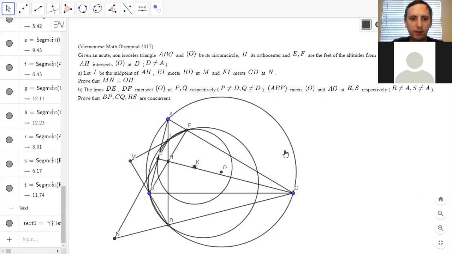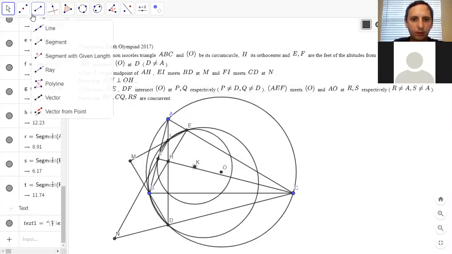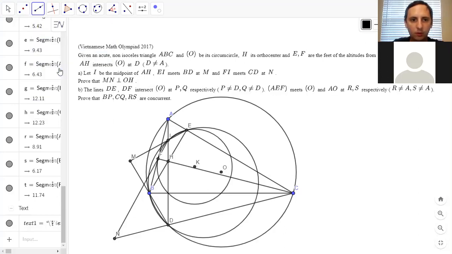So for part B, the lines DE and DF intersect the circle at P and Q. I think we don't need MN anymore. We can hide them. Oh, they don't have anything to do with the rest of the problem. Part B doesn't involve MN. We just need E and F, right?